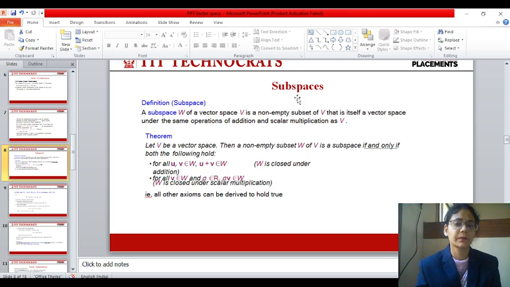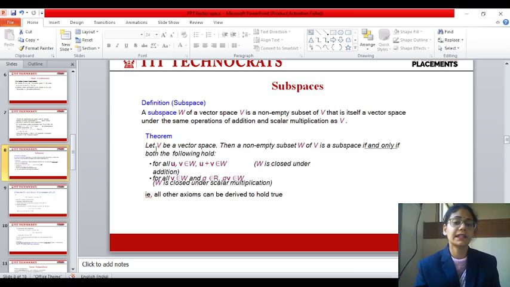Such kinds of examples are known as vector spaces. Then we have a subspace. As we have earlier discussed in set theory, the smaller part of a set is known as a subset. Similarly, in a vector space, any smaller subset of a vector space V is known as a subspace W. If you have a vector space V, a non-empty subset W which again becomes a vector space, holding the same operations of addition and scalar multiplication as V, can be called a vector subspace.